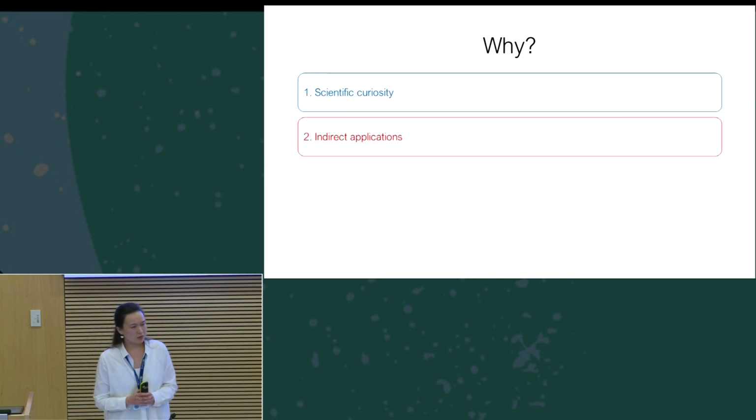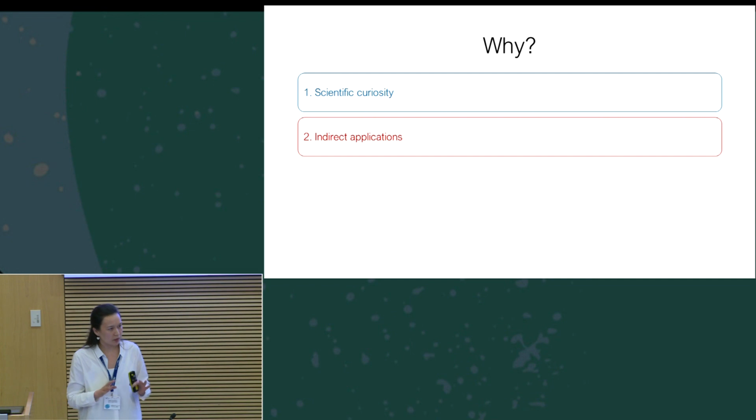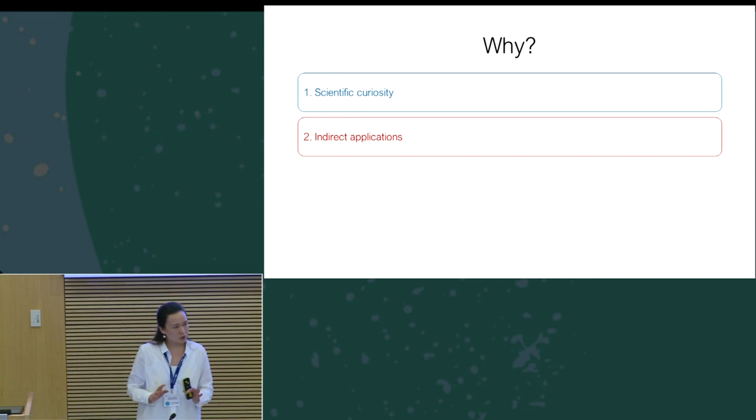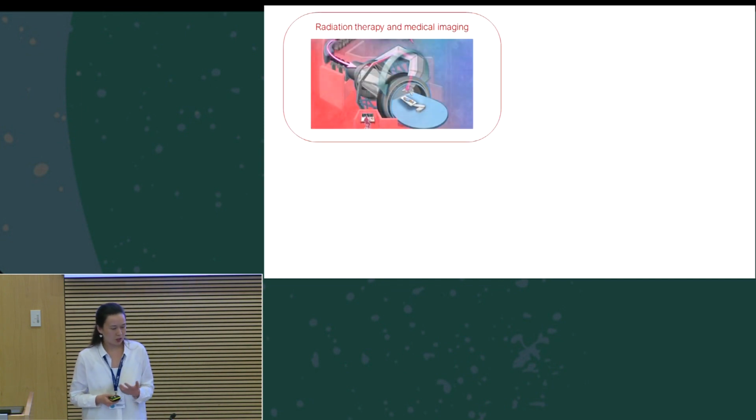The second reason, and here I would like to make an accent because I like this part, since I'm working on hardware: the research that we do is impactful on many fields. It's not a direct application, but it is still an application. Here I will give you some examples.